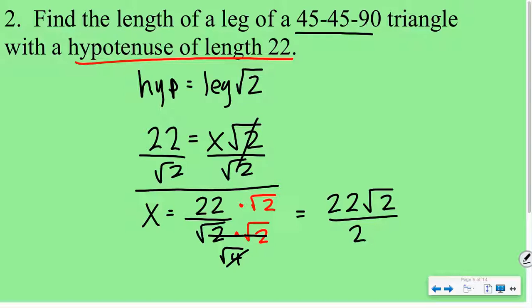Now it's a fraction. They always have to be what? Simplify. The numbers that are on the outside, can you simplify 22 and 2? Yes. How many times does 2 go into 22? 11. So then our leg length is 11 square root 2.